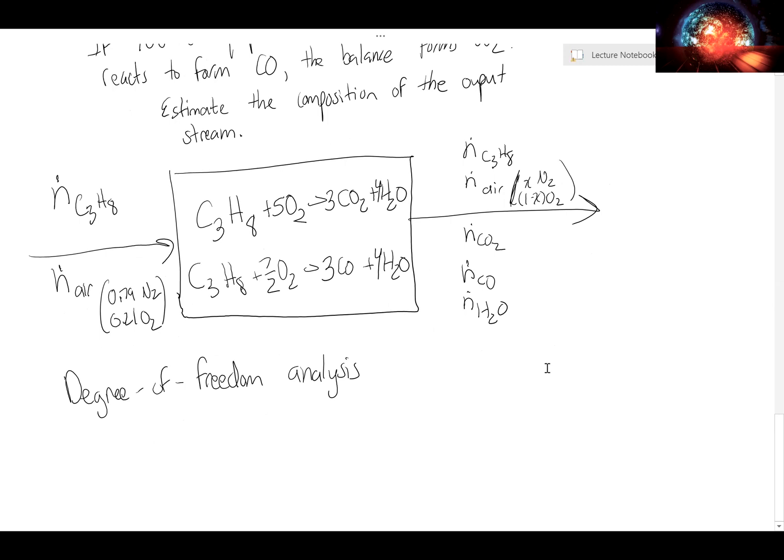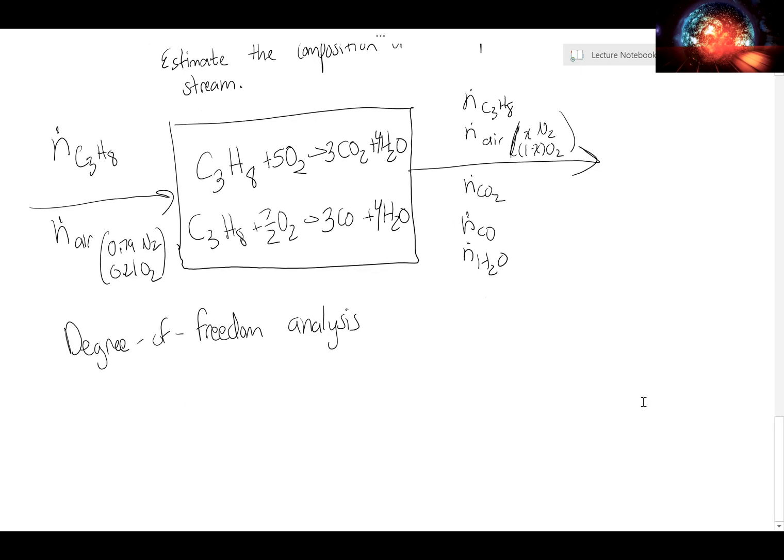We have quite a few unknowns, primarily because we really don't know any of the molar flow rates coming out of the system. We do know that our conversion is 90% of the flow rate of propane coming in.